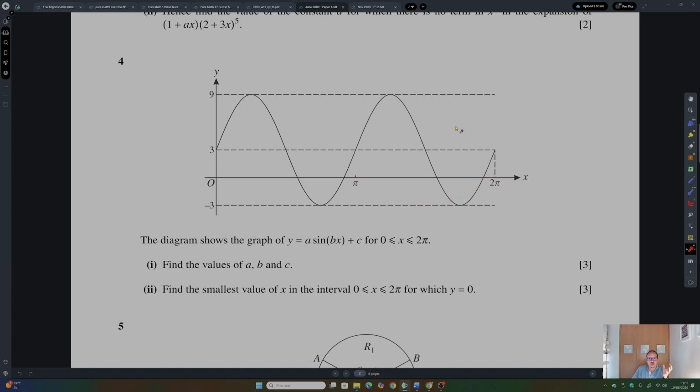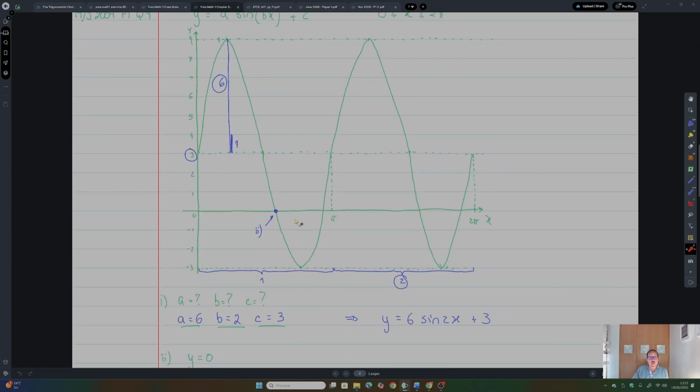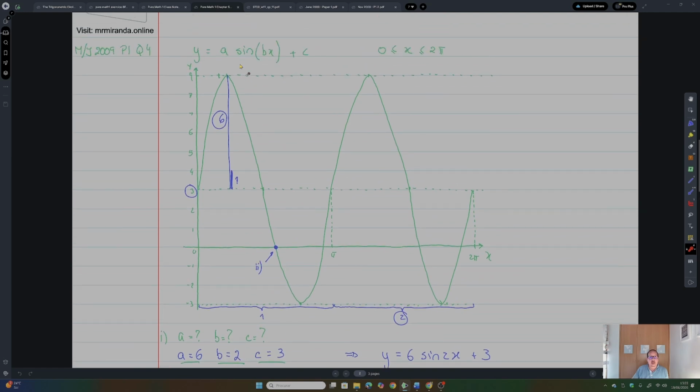The first thing you should notice is the horizontal stretch. Instead of having one cycle, you have now 2. Right? So the original function has shrunk to half, which means that the value of b is 2. Okay? I've done it here. The value of b is 2. What about the value of a?